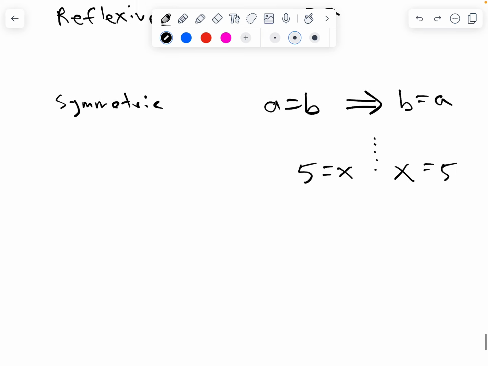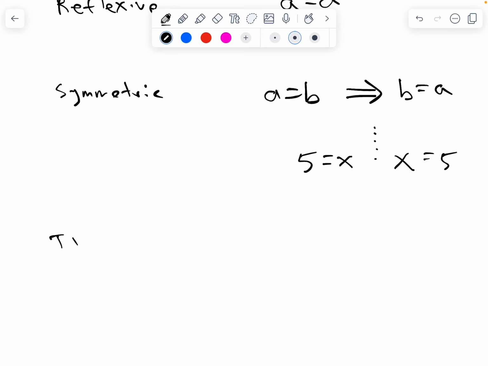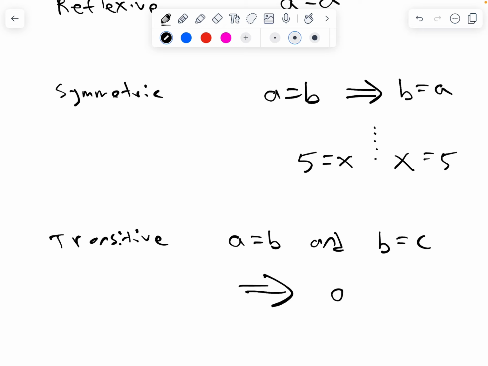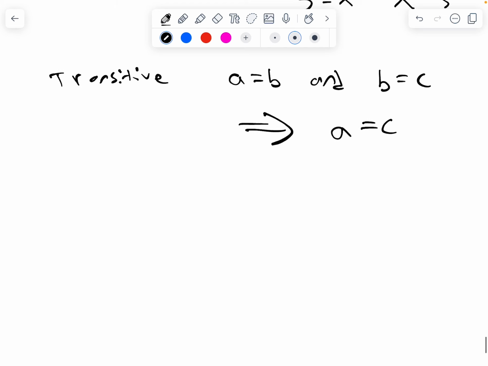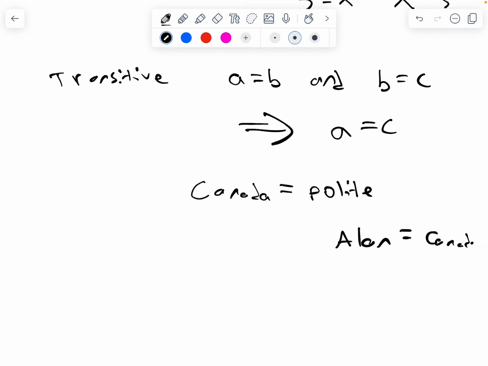And the next one is the transitive property. So transitive property goes like this. If A is equal to B, and if B is equal to C, then that means that A is equal to C. So, for example, if everyone from Canada is polite, and if my cousin Alan is Canadian, then my cousin Alan is, you guessed it, very polite.